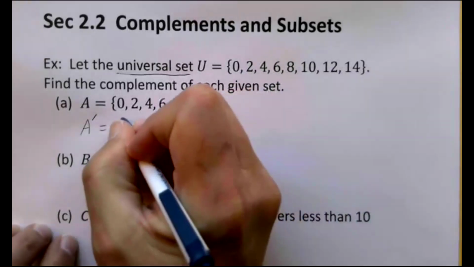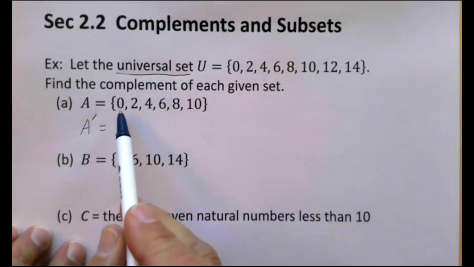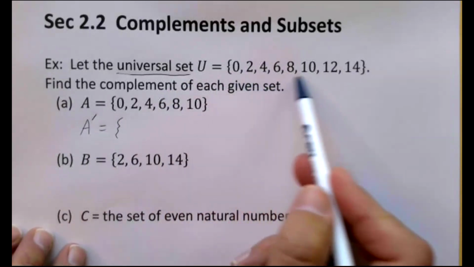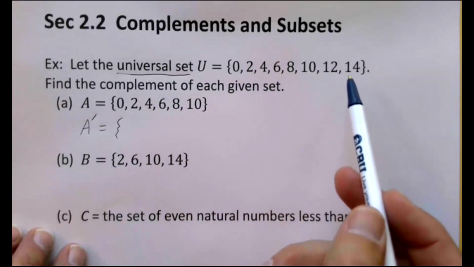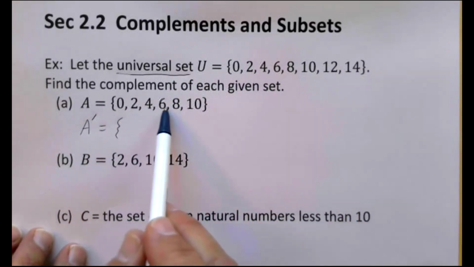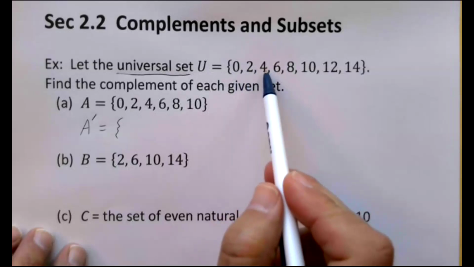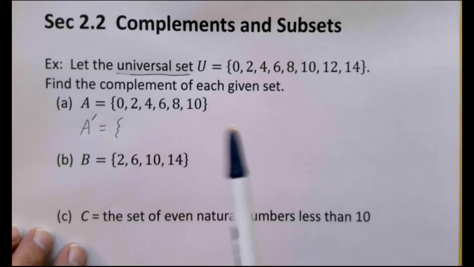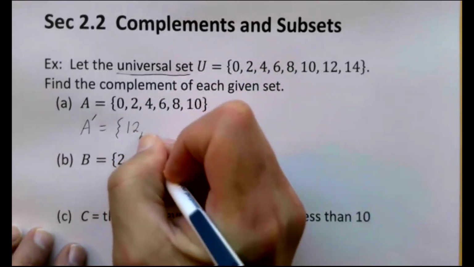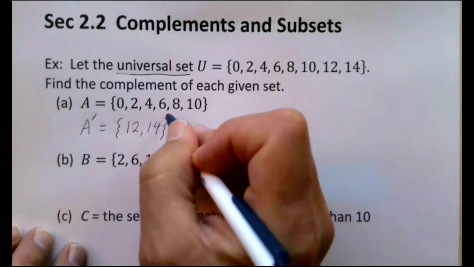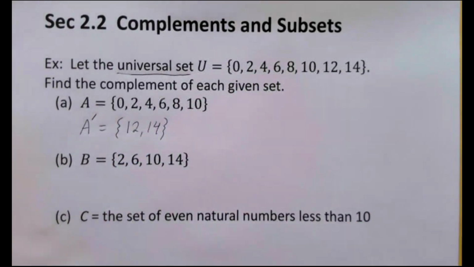So what is in A complement? Well, basically everything you don't see here, but you do see up here. We got 0, 2, 4, 6, 8, 10. But up here I have 12 and 14. I don't see 12 and 14 down here, right? 12 and 14 would be in what we call A complement.